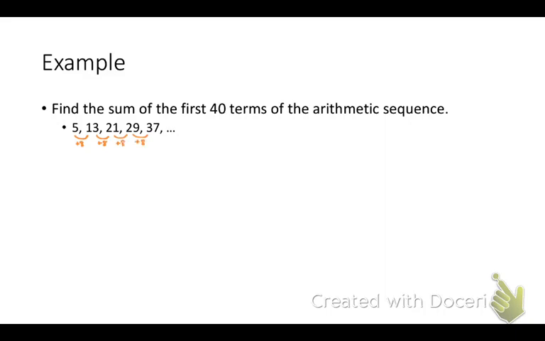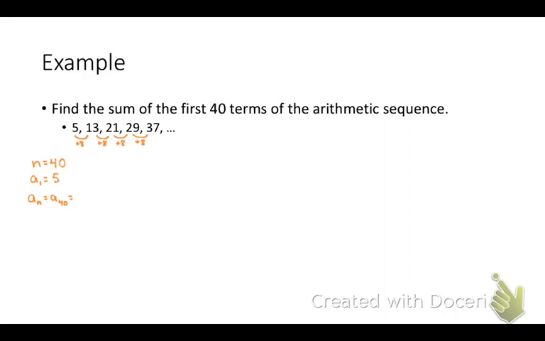Again, do we know what n is? How many terms are we adding together? 40. Do we know what the first term is? It's 5. We need to know what the last term is, or the 40th term is. So in doing that, I'm going to have to find the rule first. Do you remember what we needed to do? We know what the common difference is.